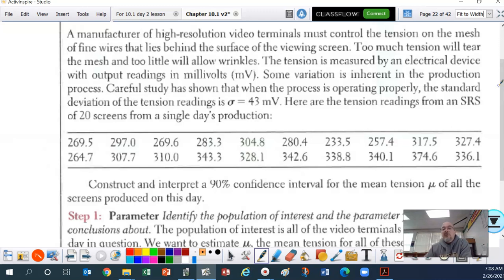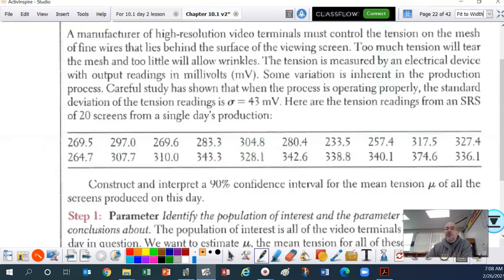A manufacturer of high-resolution video terminals must control the tension on the mesh of fine wires that lies behind the surface of the viewing screen. Too much tension will tear the mesh, and too little will allow wrinkles. The tension is measured by an electrical device with output readings in millivolts. Some variation is inherent in the production process.